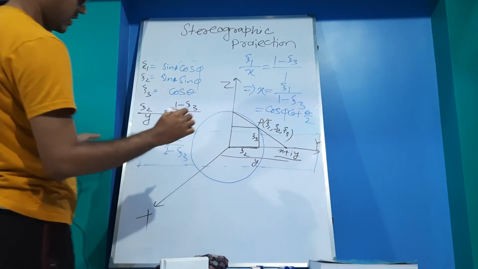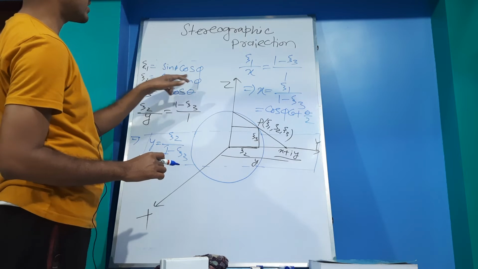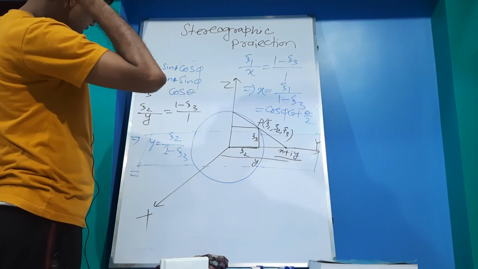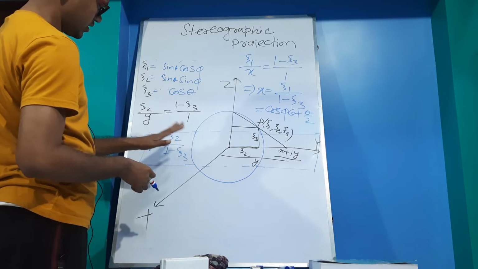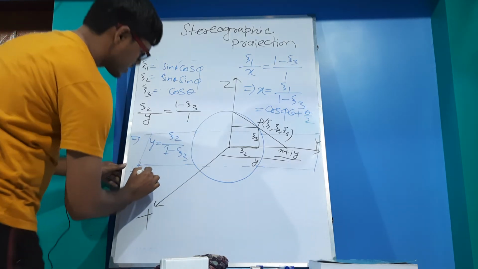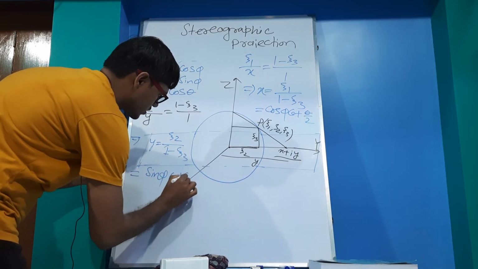Check it. Similarly for y, xi2 is sin theta sin phi divided by 1 minus cos theta, so in a similar way we find sin phi into cot of theta by 2.